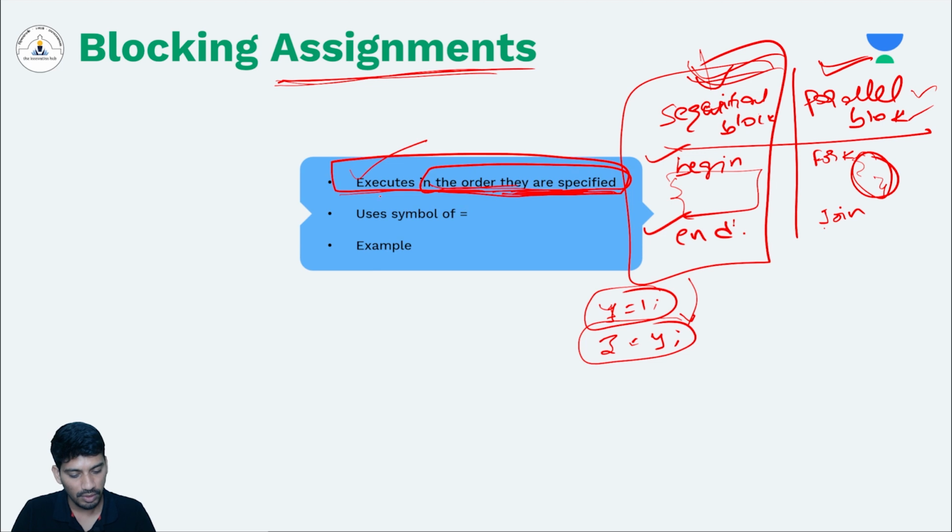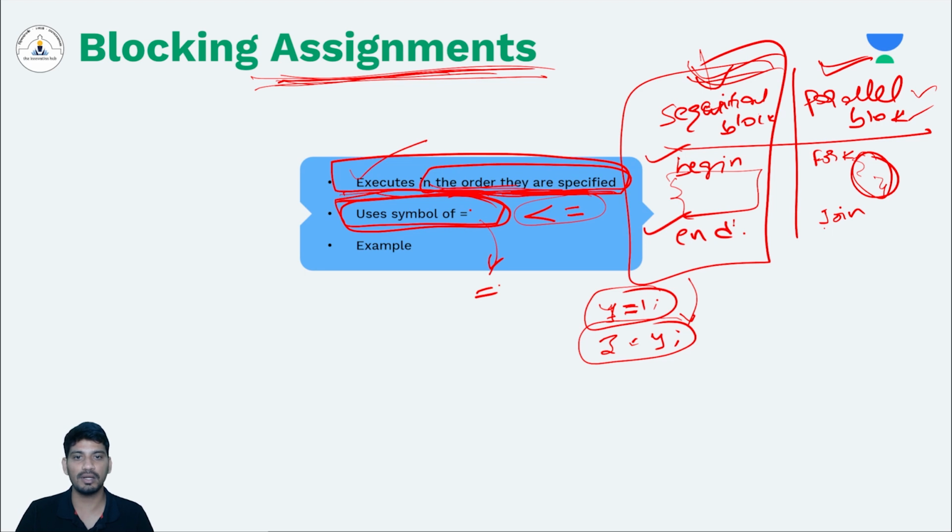Right now, the main purpose of blocking assignments is that they execute in the order they are specified, and they use the symbol is equal to. For non-blocking statements, the symbol is less than equal to. We'll see how non-blocking statements work in the next slide. But in this slide, we will concentrate on how to use blocking statements inside any always or initial block.